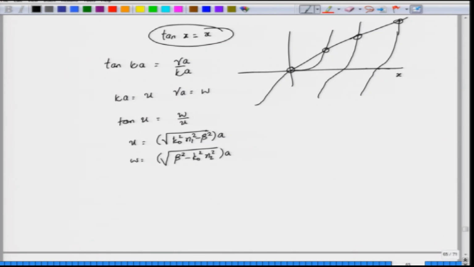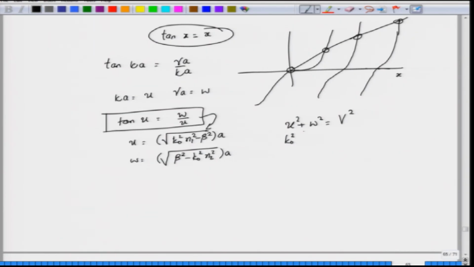What you observe here is that this equation, tan u equals w by u, implicitly contains beta. So, the solution method that we normally adopt is to express w in terms of u, and you can do that by writing u square plus w square as v square. What is this u square plus w square?